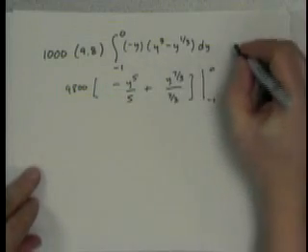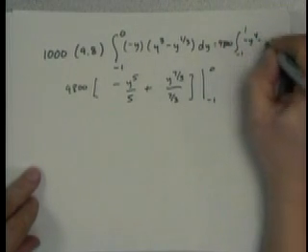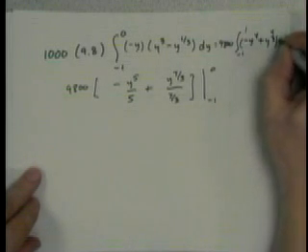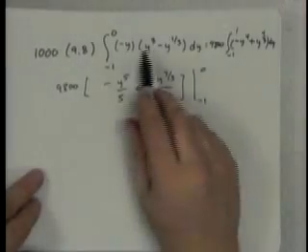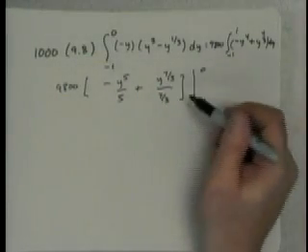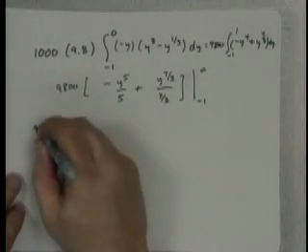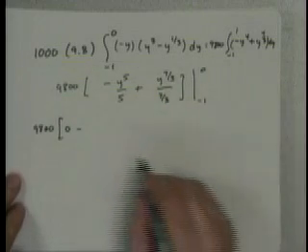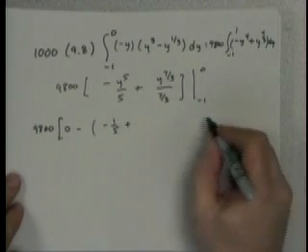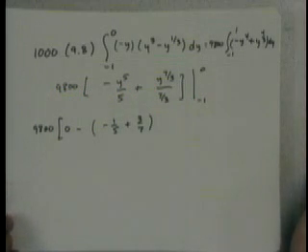And when you do the integral, when you multiply these two, you get y to the 4th and y to the 4/3. So when you integrate, you get y to the 5th over 5 and y to the 7/3 over 7/3. And you're going to plug in 0 minus what you get when you plug in 1. Something like that. I might have my signs off here.